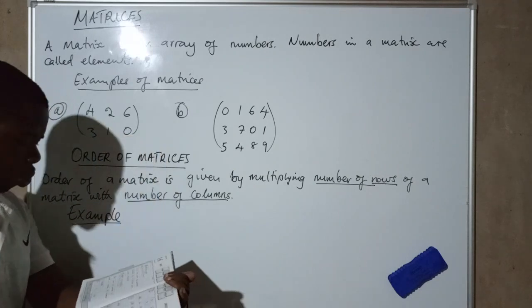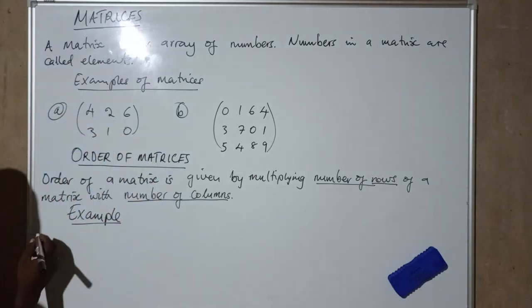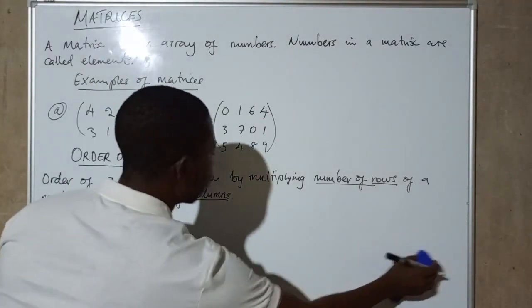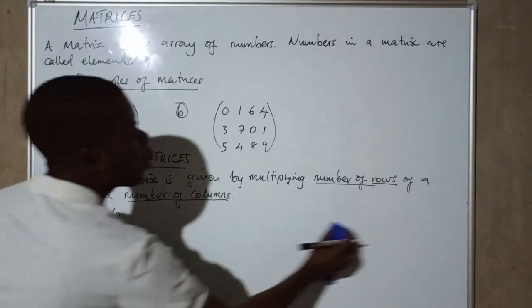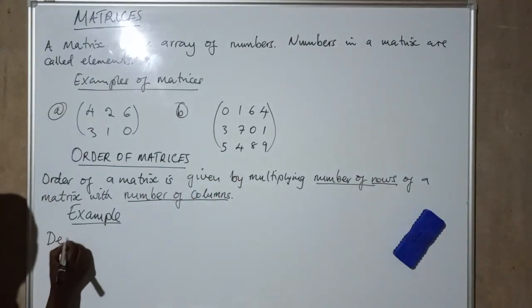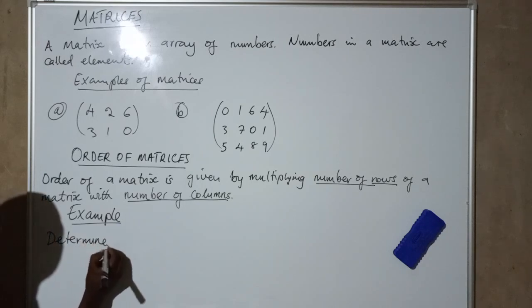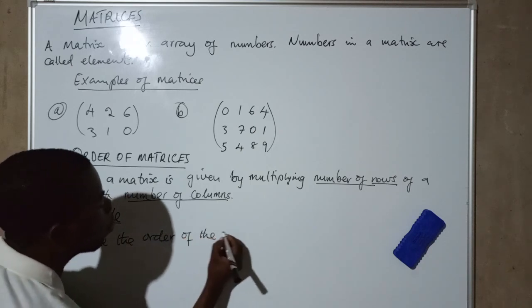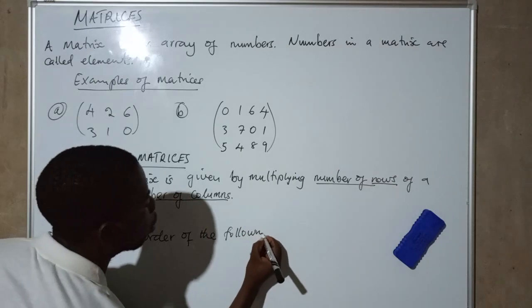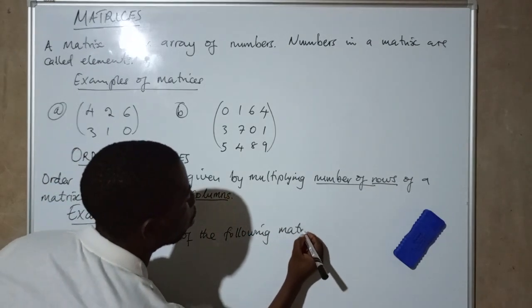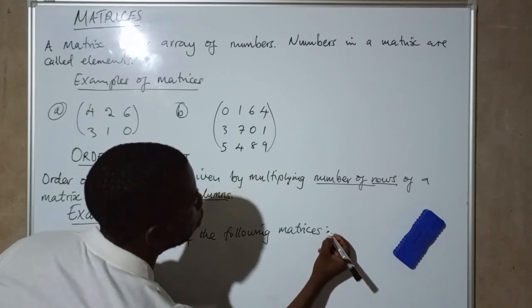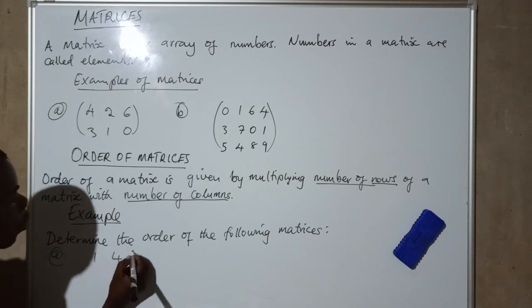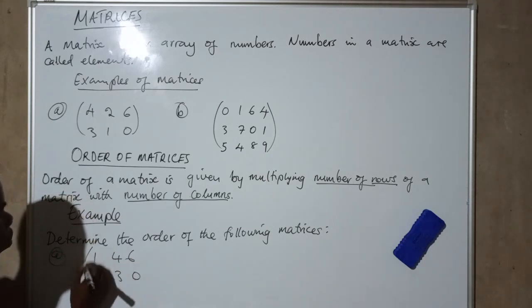The example says, determine the order of the following matrices. A, I have this matrix which says 1, 4, 6, 2, 3, 0.